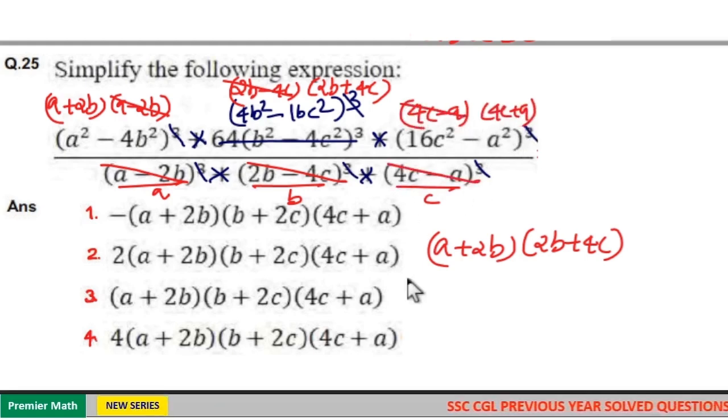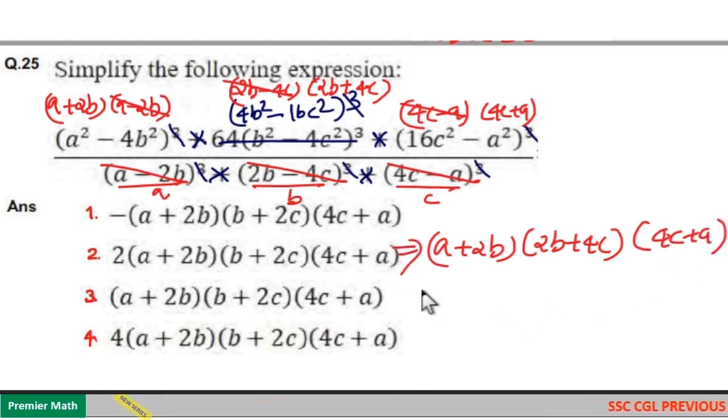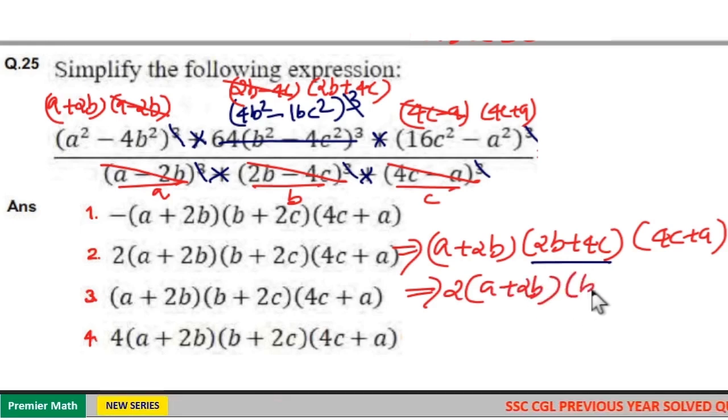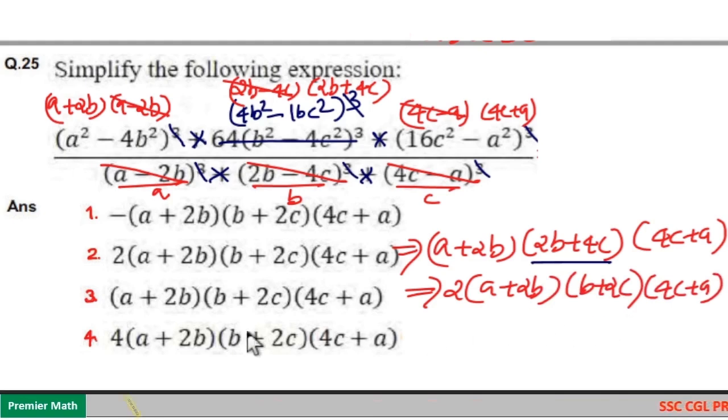Now 4c minus a and 4c minus a cancel. Remaining is 4c plus a. Now if I take 2 outside from this middle term, this will become a plus 2b into b plus 2c into 4c plus a. So option 2 is your answer.